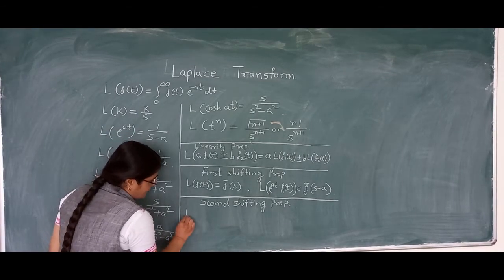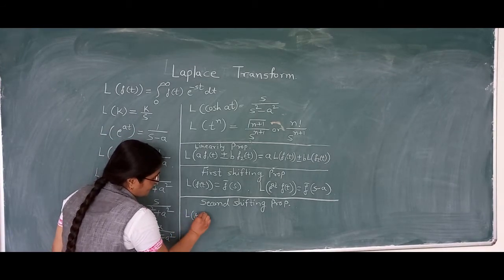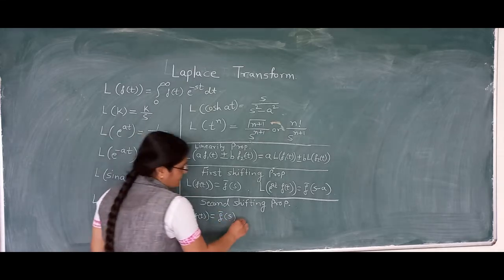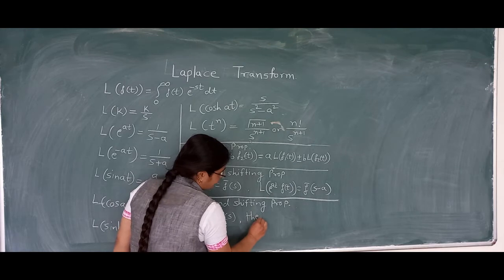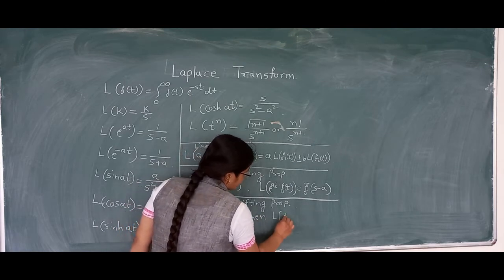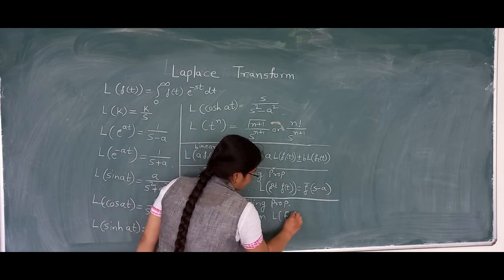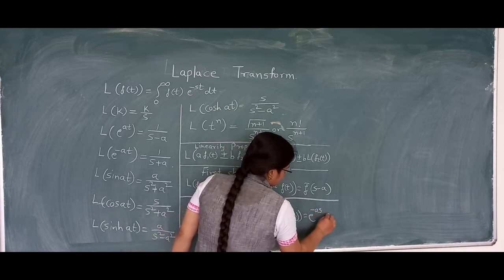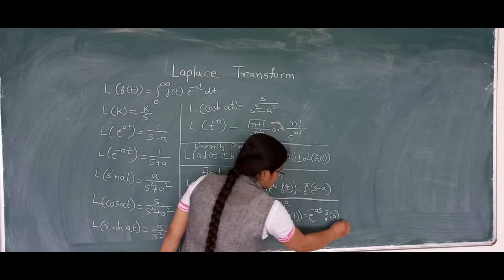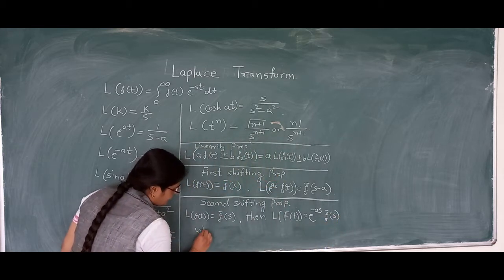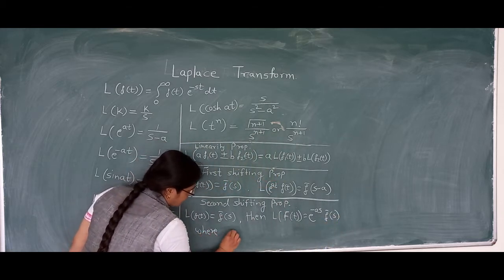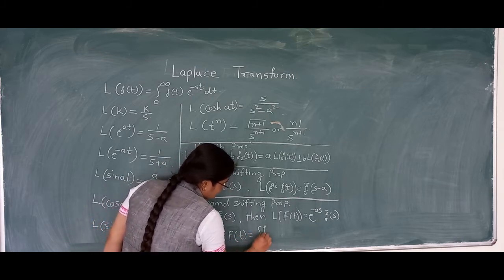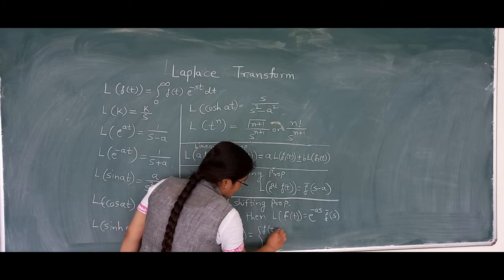If Laplace of f of t is f bar of s, then Laplace of capital F of t is e raised to minus as times f bar of s, where this capital F of t is defined using small f of t.